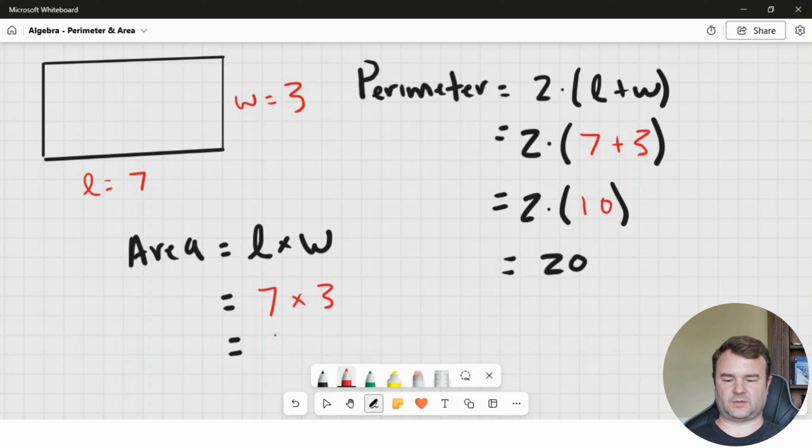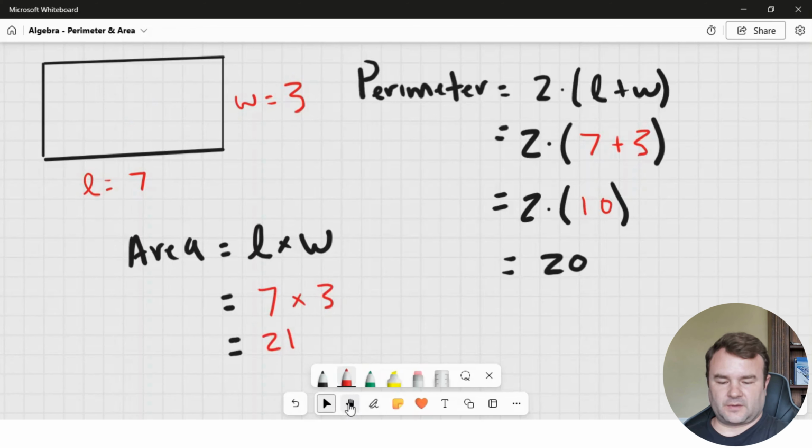And 7 times 3 is 21. So the amount of space contained within this rectangle is 21 square units. And again, that can be 21 feet squared, 21 meters squared, 21 centimeters squared, 21 yards squared. And that is perimeter and area for a rectangle.